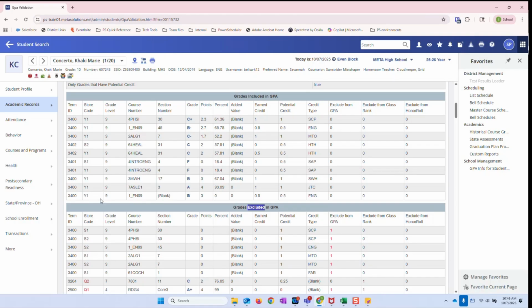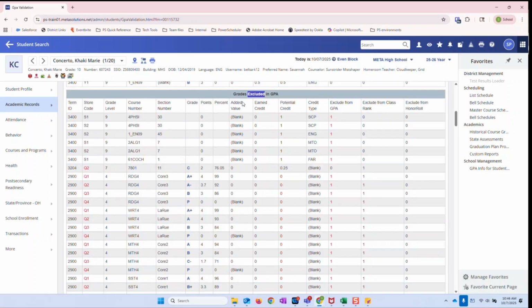She must not have taken anything with potential credit in grade 7 and 8. And down here, it will show you why grades were excluded from the calculation. Grades that were stored at the quarter are excluded. Grades that have no potential credit are excluded. And anything that's marked to exclude from the GPA is excluded.